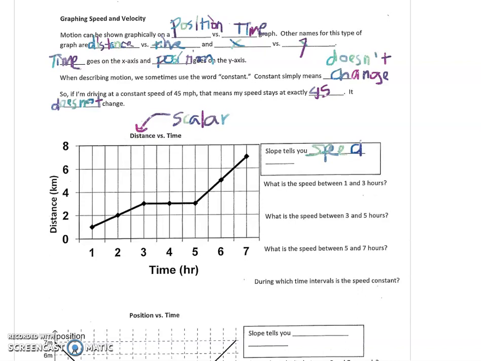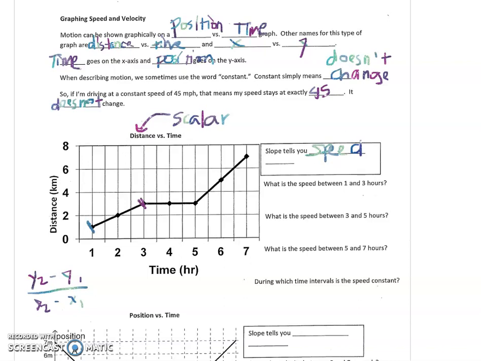And let's do this example together. We're going to use slope. So remember that slope is the change in rise over run. So y2 minus y1 over x2 minus x1. And it says, what is the speed between 1 and 3 hours? So we look at 1, that's your first point, and 3, that's your second.